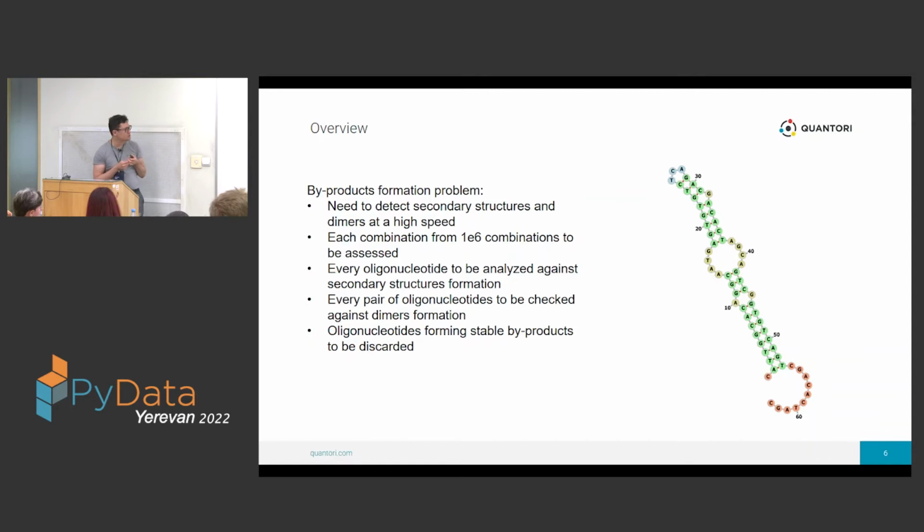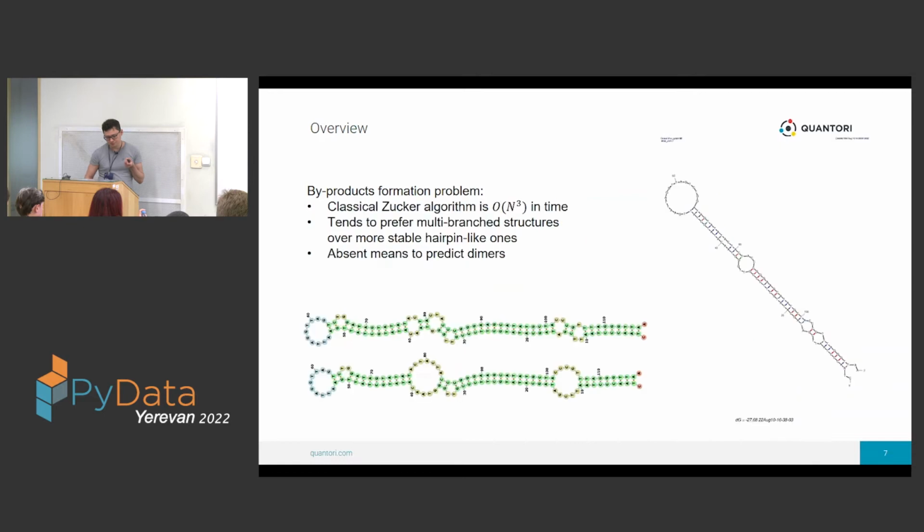We need to analyze every single oligonucleotide in the design against secondary structures and dimers, and also identify cross dimers and self dimers. Those problems of identifying self-foldings and dimers are quite similar, but still it's necessary to come up with an efficient algorithm which allows us to identify those things.